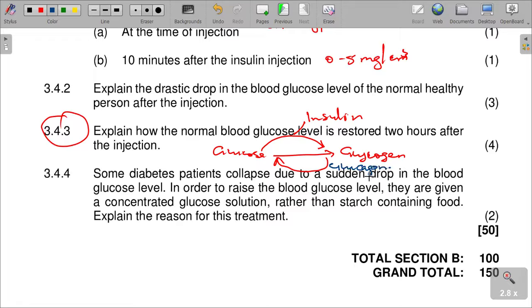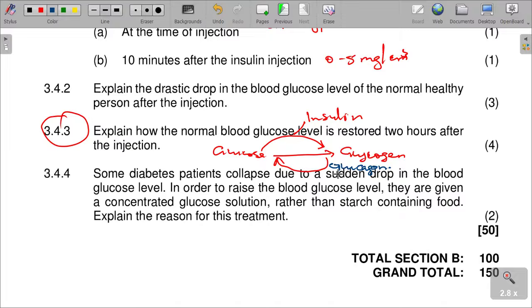So that is what you need to understand, that the conversion processes that take place in this regard in order to restore glucose back to normal is, like I said there, that whenever the glucose level drops below normal, the pancreas or the cells of the islets of Langerhans are stimulated to do what? To secrete more glucagon into the blood, which is the glucagon that you are seeing here on this diagram.